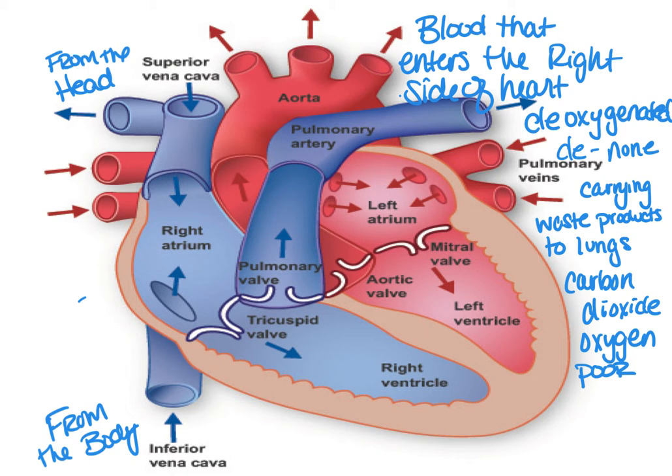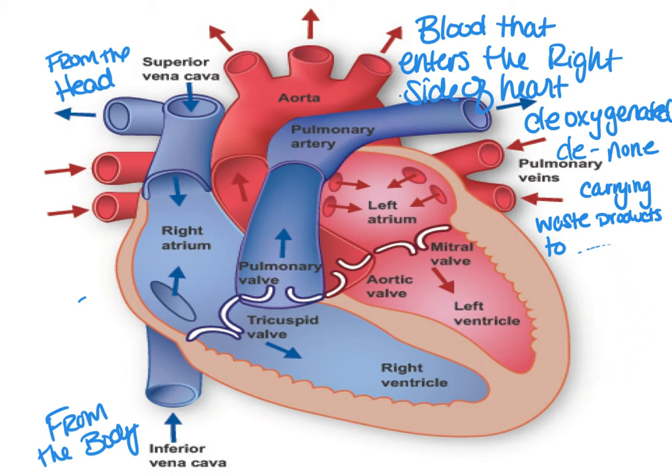So blood that enters the right side of the heart is deoxygenated. It is carrying waste products to the lungs. It's oxygen poor, and in pictures it's typically shown in blue.